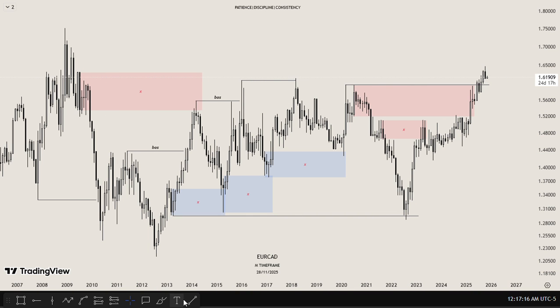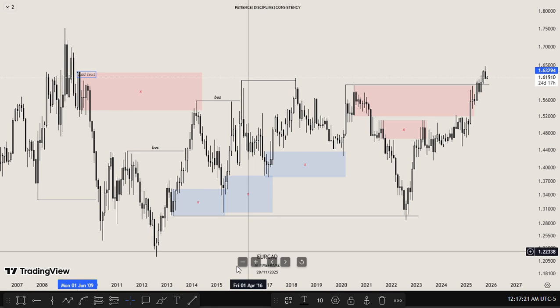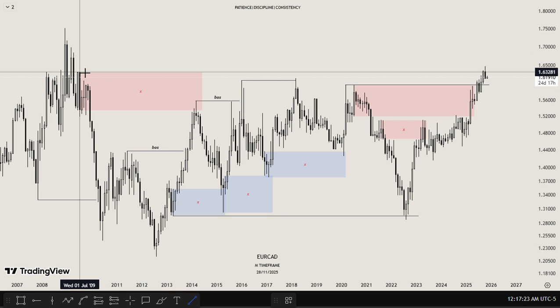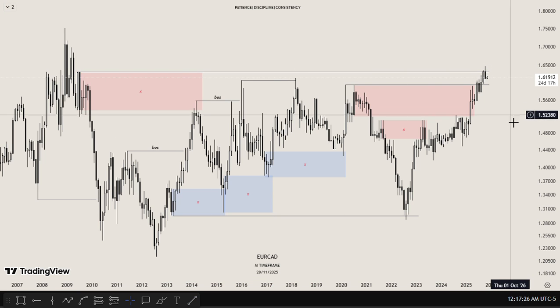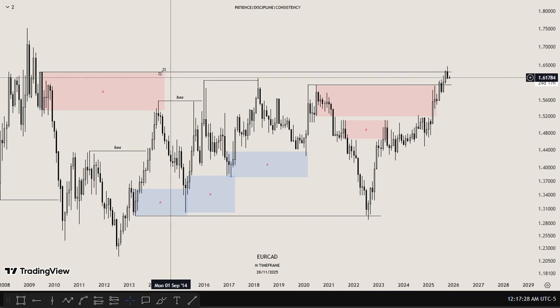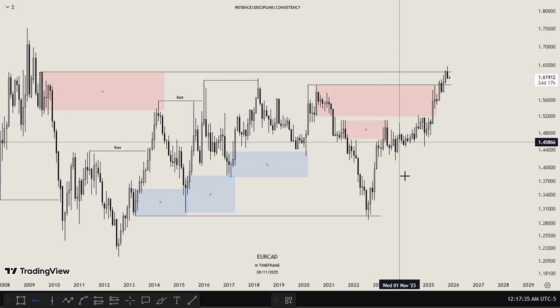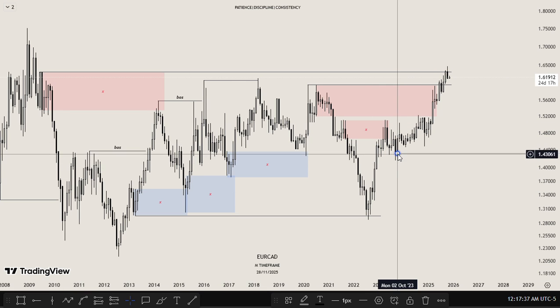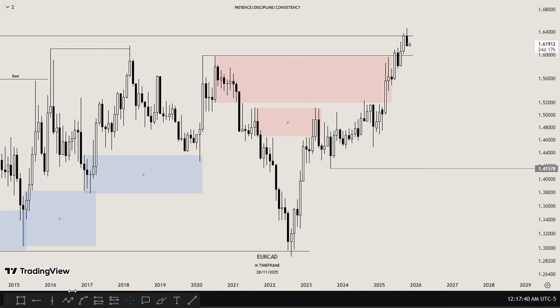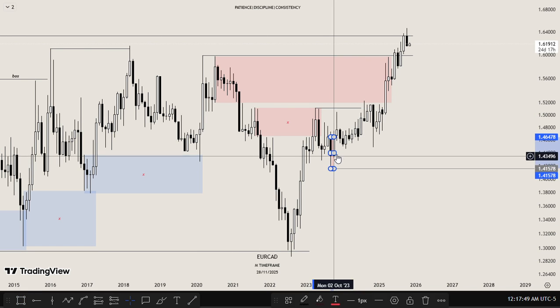So these sellers that were induced, they are taken out. As you can see, they are swept by this high. So this tells us that all this liquidity, we have liquidity at this low, and this low cause induced buyers up here, and this where they entered from here.